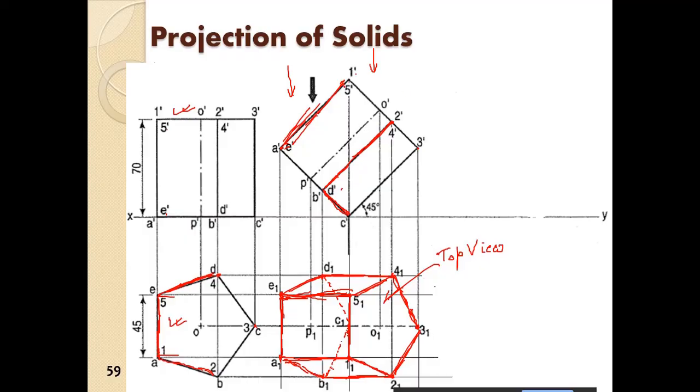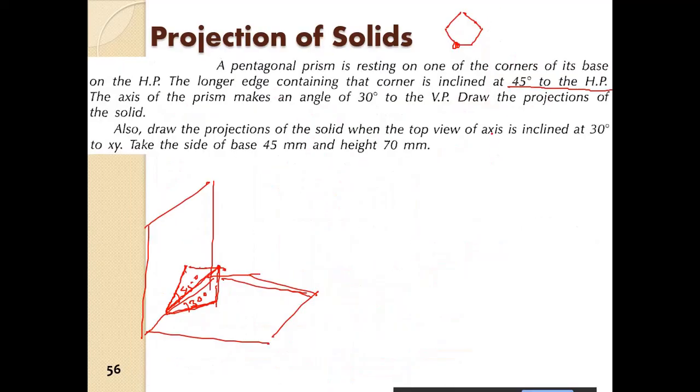This is the top view when the hexagonal prism is rotated at 45 degrees to the HP, and the axis is still parallel to the VP. Now we have to rotate it in such a manner that it fulfills this: the axis of the prism makes an angle of 30 degrees to the VP.